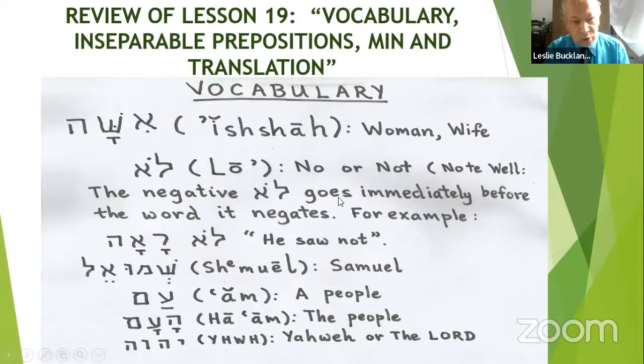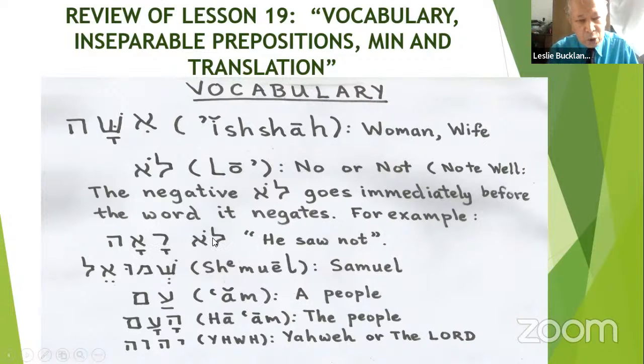Now, I want you to notice when lo goes immediately before a word, it negates that word. In other words, it says that the person did not take that particular action. For example, Ra'ah by itself means he saw.